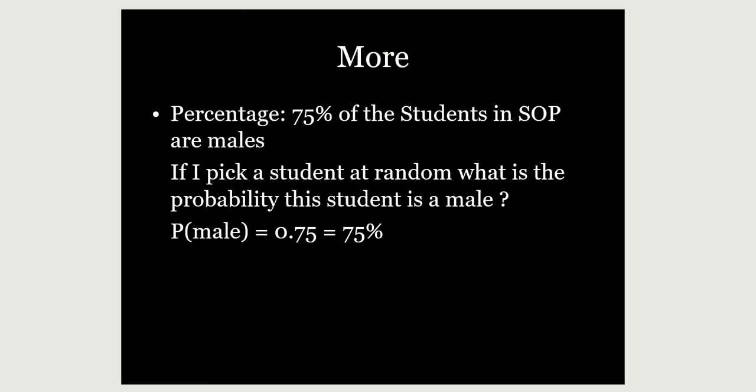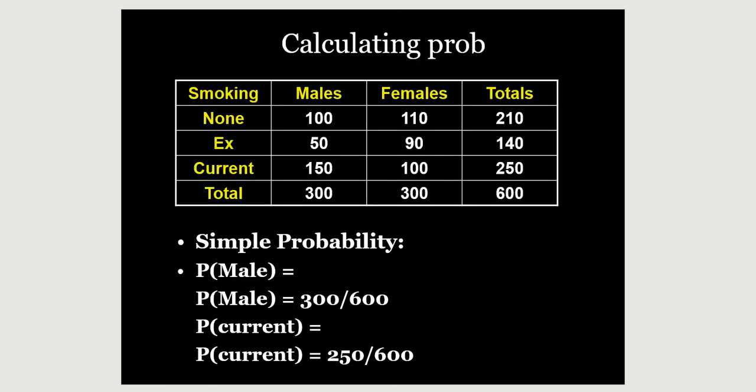Okay, so let's start doing some calculations and see if we can apply what we learned. Here again you have a contingency table, but this is a two-way contingency table, and the reason it's two-way is because you have two variables. One variable is smoking, with the outcome being none, meaning non-smoker, ex-smoker, and current smoker.